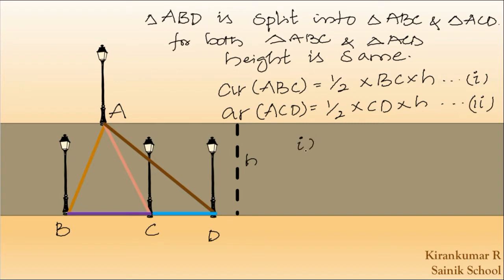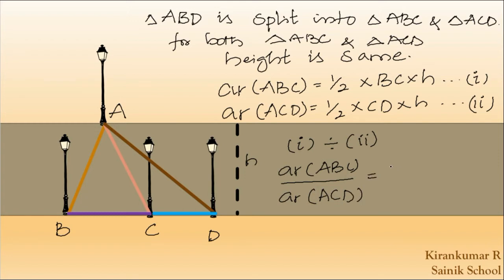What if you do equation 1 divided by equation 2? We get area of triangle ABC upon area of triangle ACD, which is equal to half into BC into h divided by half into CD into h. Half will get cancelled, h also will get cancelled. We will be getting only BC upon CD.